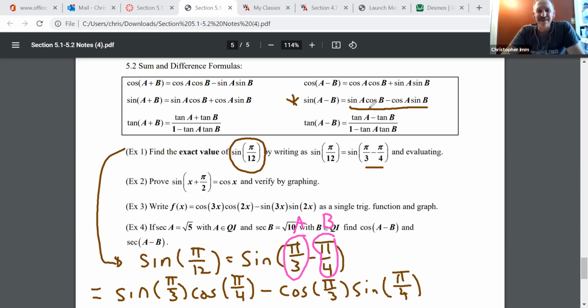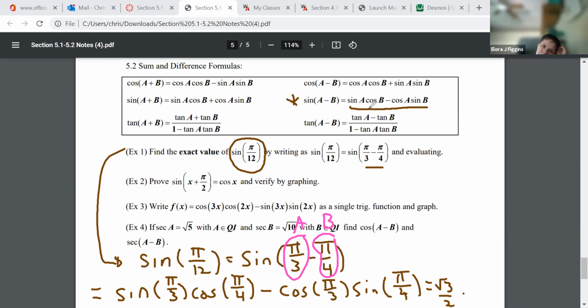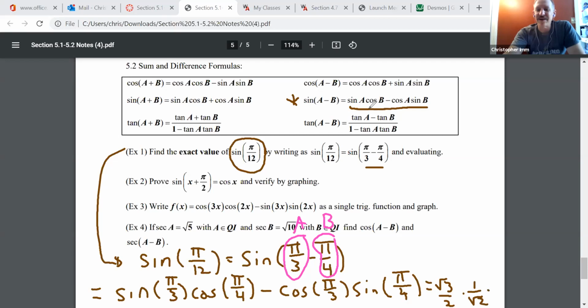All right, so sine of pi over 3. What's sine of pi over 3? Shout it out. Square root of 3 over 2. Yes, it is. Excellent. Cosine of pi over 4. One over square root 2. Excellent, thank you. All right, cosine of pi over 3.